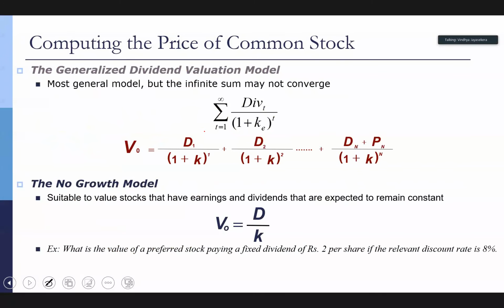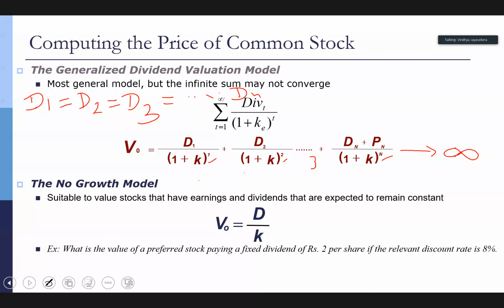And this is where we come up with the dividend discount model, where we keep on looking at, without holding the stock for 1 year, 2 years, 3 years, 4 years, we look at n years, which approaches infinity, right? And we said that in this model, if the dividends are equal to each other, right?